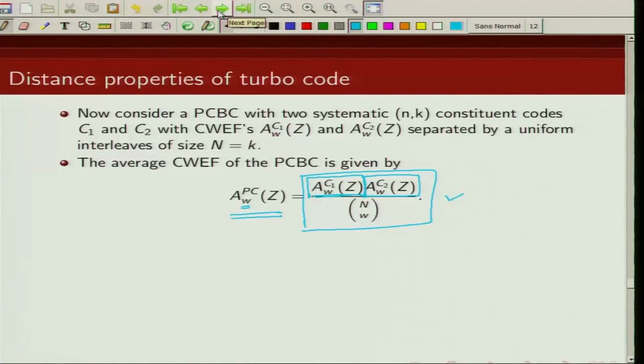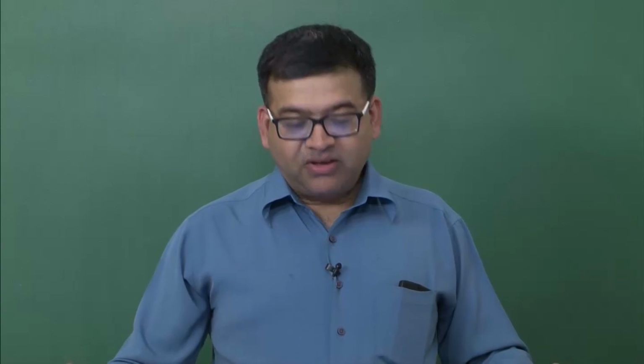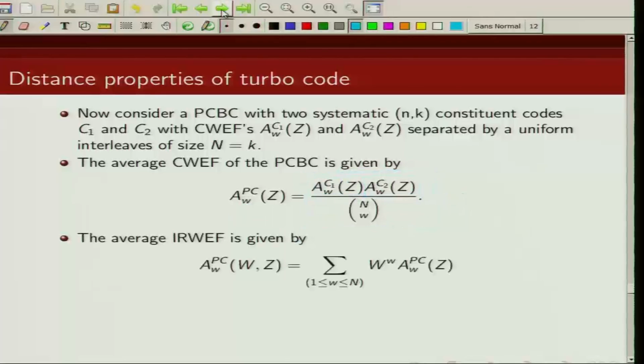The nice thing about this uniform interleaver concept is it allows us to compute the average weight enumerating function of this parallel concatenated code, which is independent of the type of interleaver that we are using. Similarly, we could define the average input redundancy weight enumerating function, given by this expression.